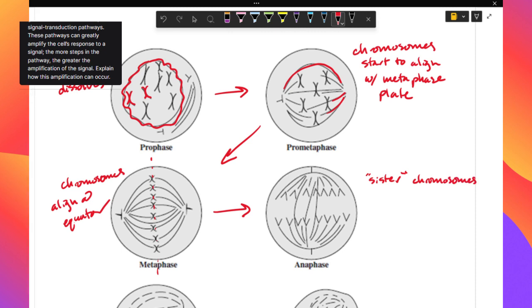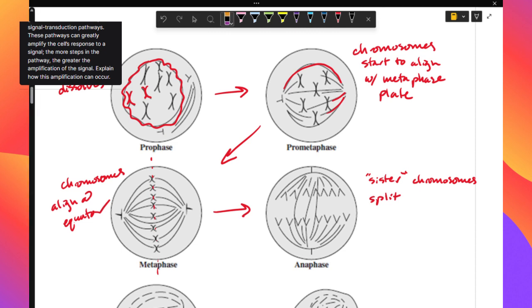Our chromosomes split and become sister chromosomes, and they're drawn towards opposite poles.